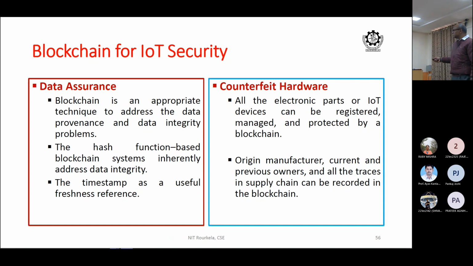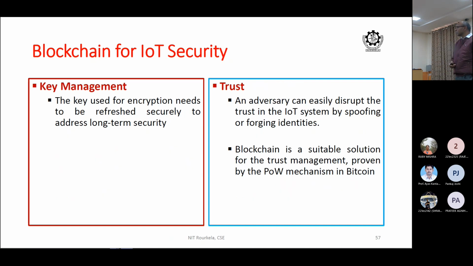The origin manufacturer, the current owners, the previous owners, that means we're looking at the tracking of the entire supply chain, and all traces can be recorded in the blockchain. Any transaction from the source to the dealer, to the sub-dealer, to the customers, all transactions can be recorded, and anyone can verify the genuineness of any of the devices. Key management.